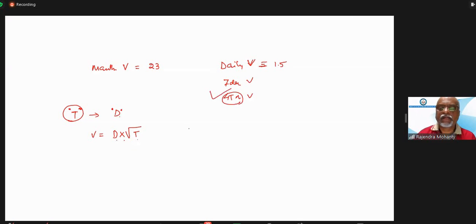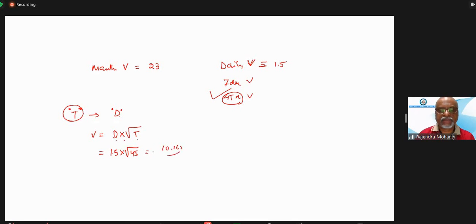So the volatility for 45 days is 1.5 into square root of 45. How much is it? 10.062. This is the volatility for 45 days. The question might also be asked the other way, in reverse.